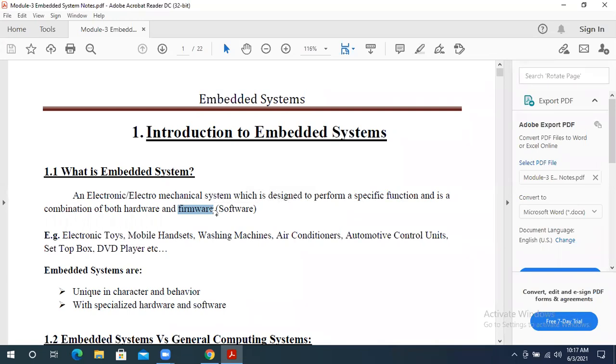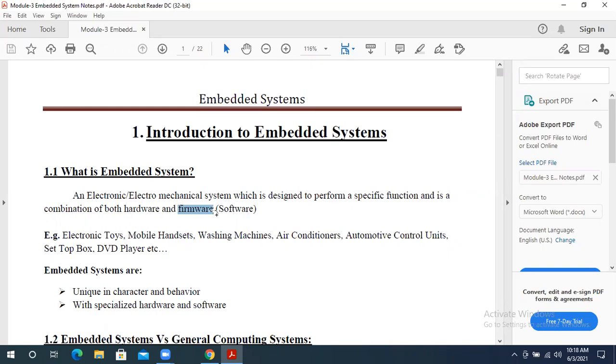So you understand it is electromechanical, nothing but it has both electrical elements plus mechanical elements designed to perform a specific function. Keep it in mind, I'm using the word specific, meaning it's meant for only that one specific job, and it has both hardware and software here. That is called an embedded system.